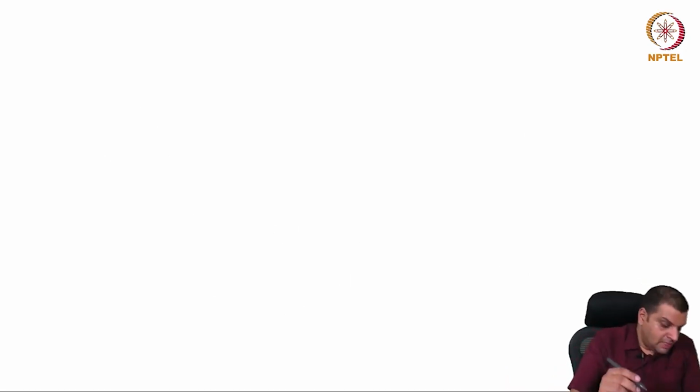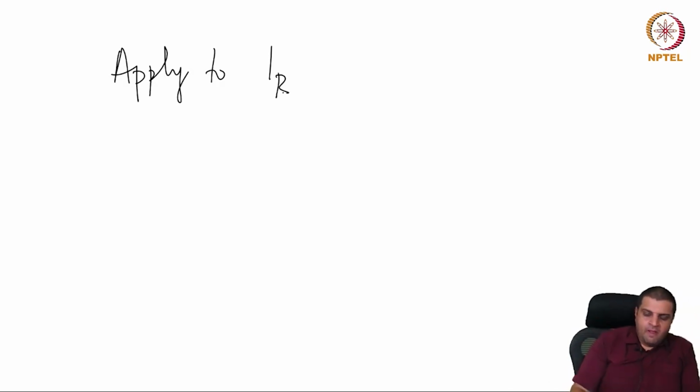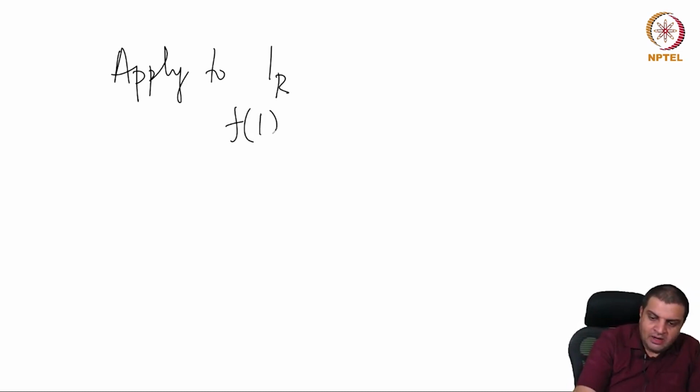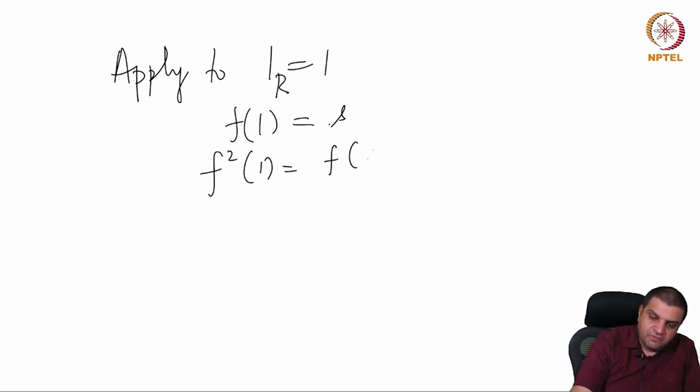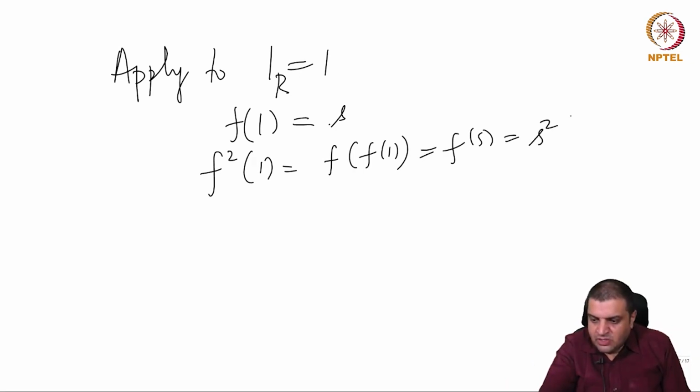Okay. But apply this to 1 of R. So f of 1 is s. f squared of 1 is f of f of 1, where square means composite. So this is f of s, and f involves multiplication by s, so it is s squared.